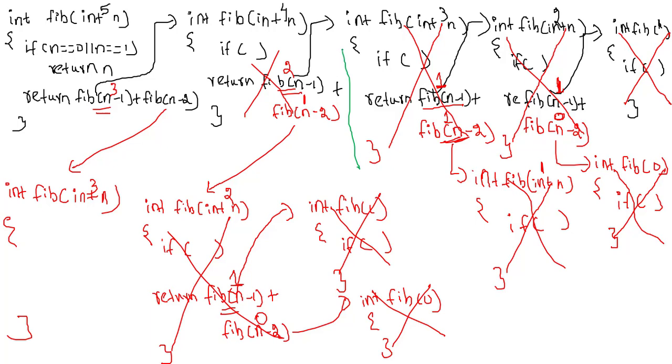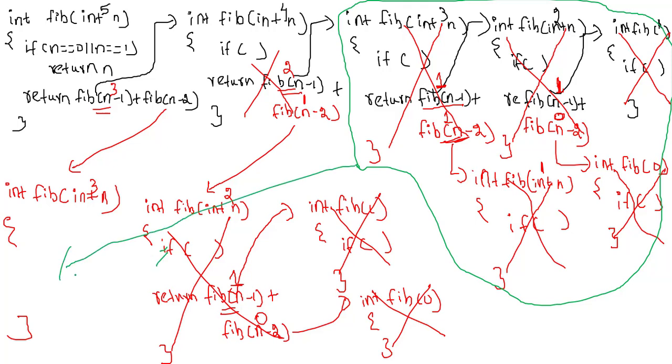So these many recursive calls, whatever I have called here, the same recursive calls will be called once again. These many recursions will be called once again in this place, because I have called the function int fib of int n, right?